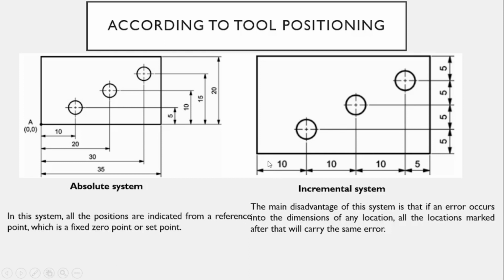So here we are not setting a reference point, but if the dimensions are mentioned from one point, it will continue from that point to the next point. But in the absolute system, all the dimensions are mentioned from the reference point.